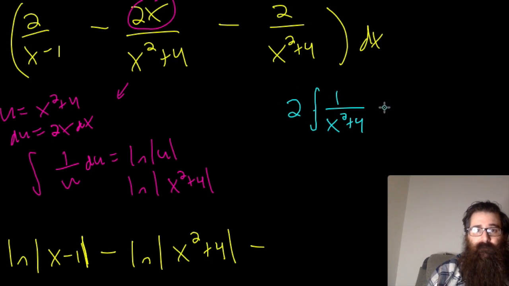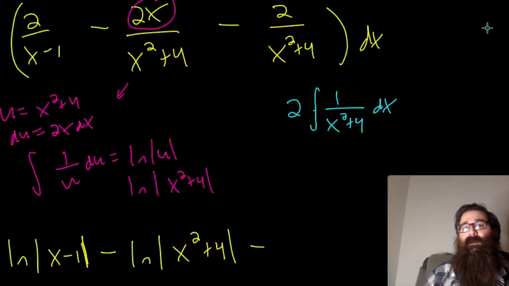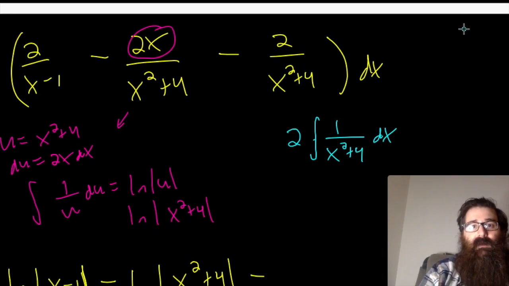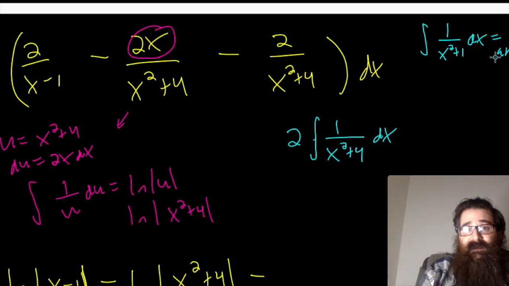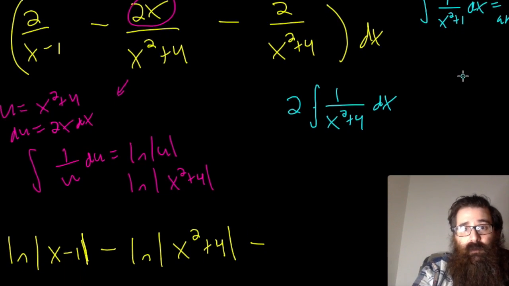And I can leave that 2 in front and integrate this way. And this hopefully looks familiar. This is going to be related to an arctangent form. If I had the antiderivative of 1 over x squared plus 1 dx, this would give me arctan of x plus my constant c. The problem is that it's not x squared plus 1, it's x squared plus 4.